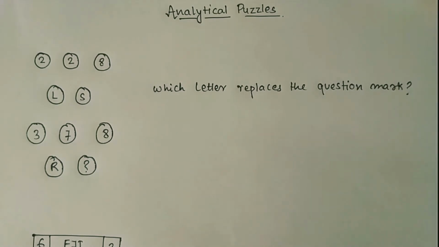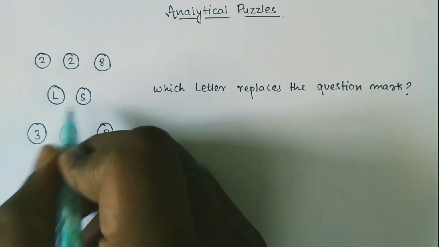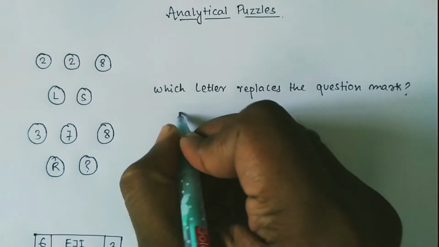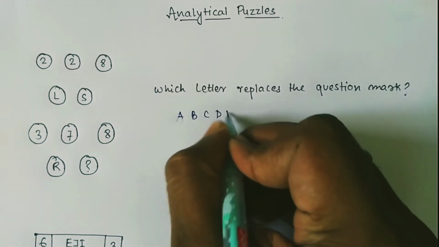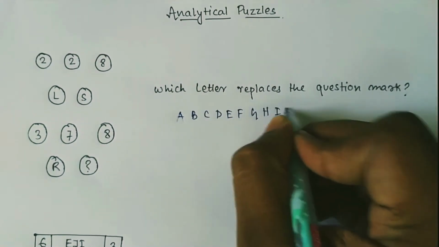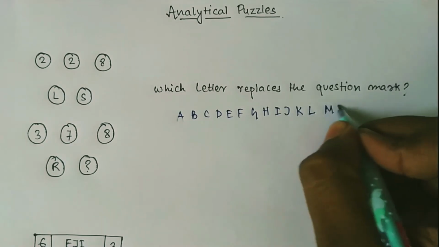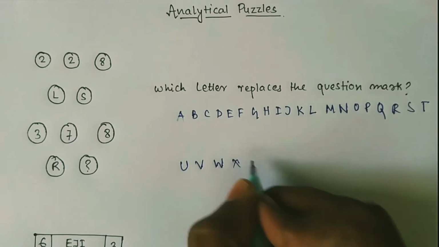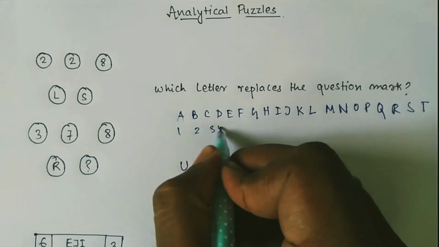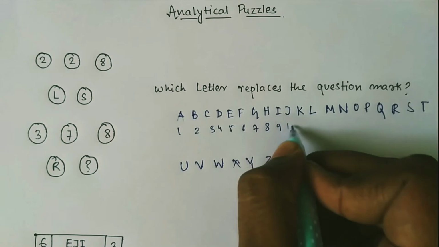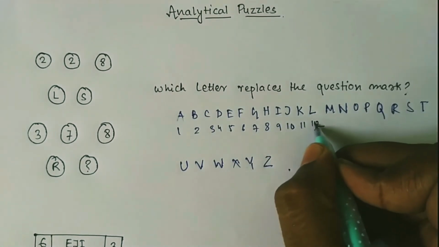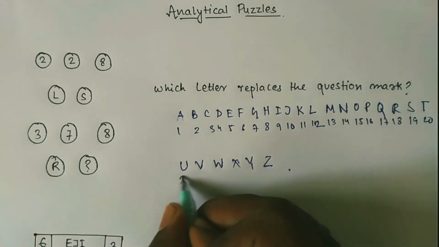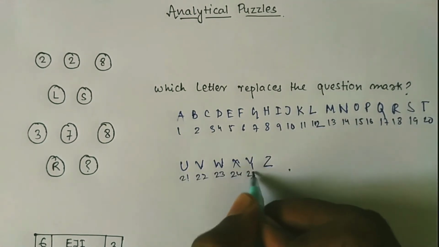Okay, so here, as we can see, L and S. Let's write the numerical values: A, B, C, D, E, F, G, H, I, J, K, L, M, N, O, P, Q, R, S, T, U, V, W, X, Y, Z. So 1 2 3 4 5 6 7 8 9 10 11 12 13 14 15 16 17 18 19 20 21 22 23 24 25 and 26.